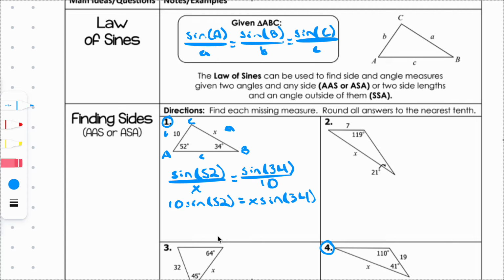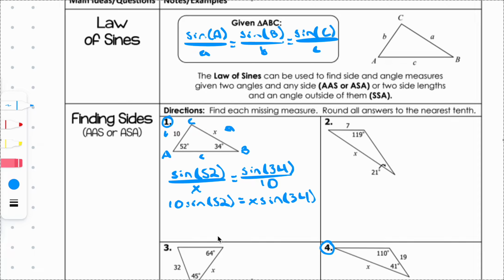So I'm going to take out my calculator. I'm going to check that we are in degree mode. And we do that by pressing mode at the top. And you should see on that third line that degree is highlighted rather than radian. And so now what I'm going to do is I'm going to say sine of 52 and evaluate that.